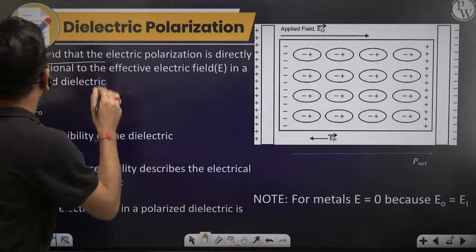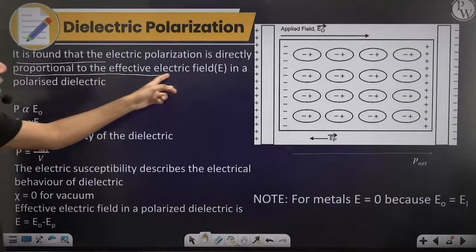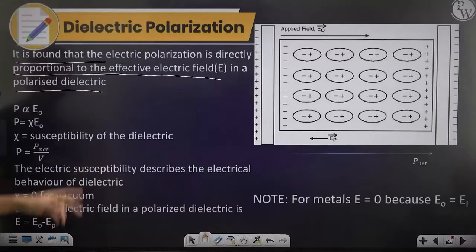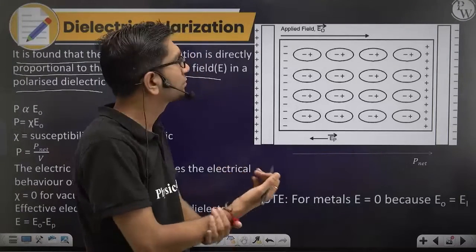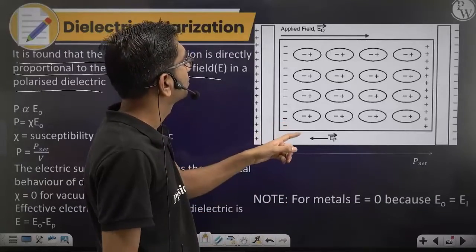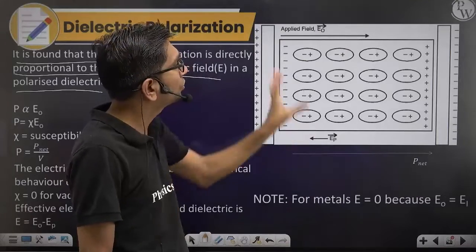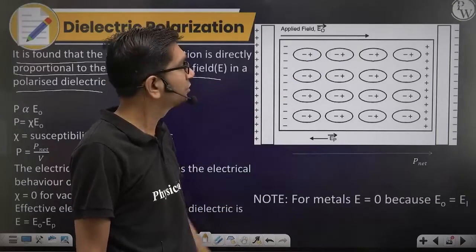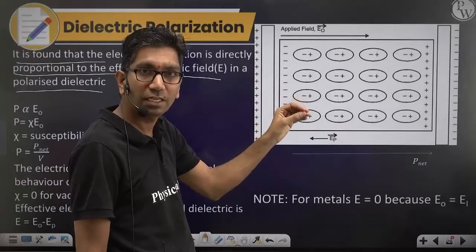It is found that the electric polarization is directly proportional to the effective electric field in a polarized dielectric. See here, this is the external electric field, correct? So inside this, some induced electric field is produced.